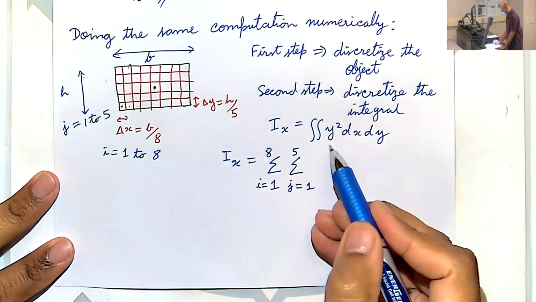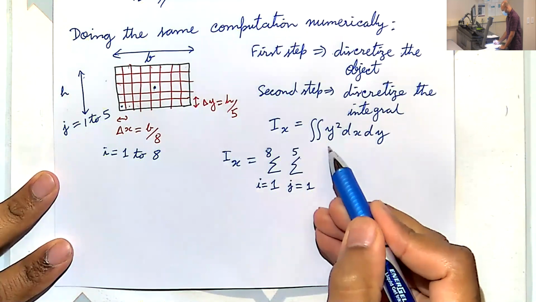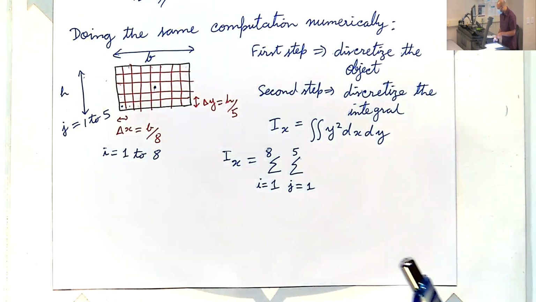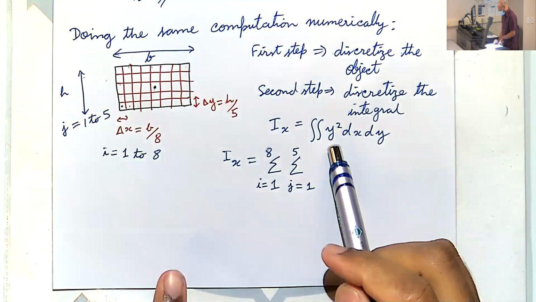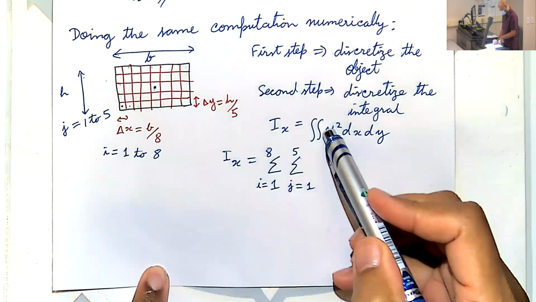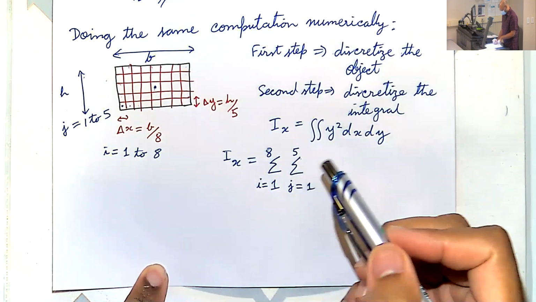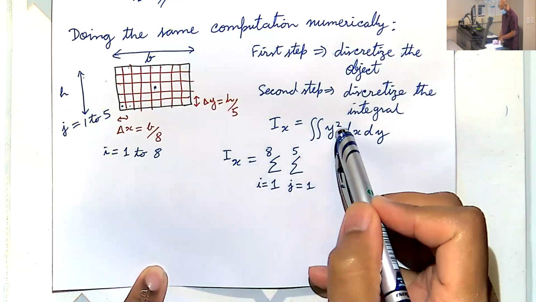Now you tell me, what should we replace y squared with? Remember, we are not continuous anymore, we are discrete. Y squared basically is asking us, if you think in terms of continuous integration, what is this telling us? At a given location, what is the value of y squared?